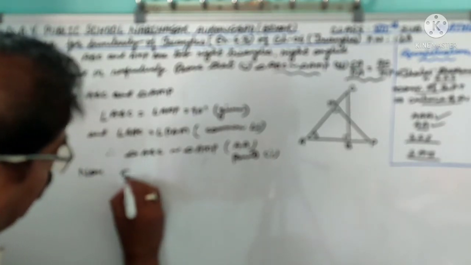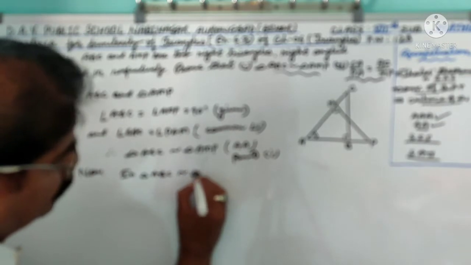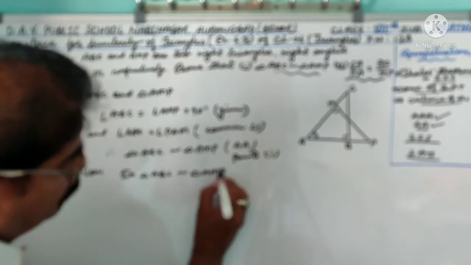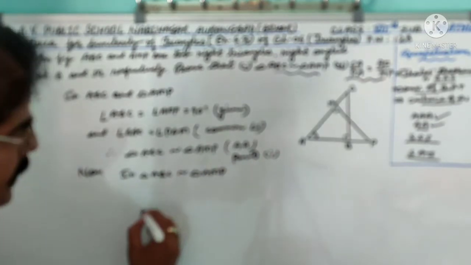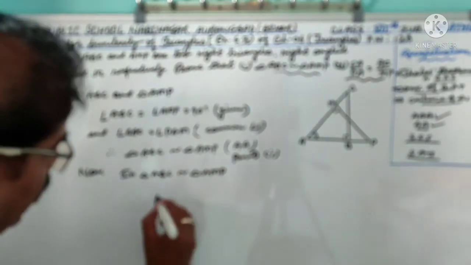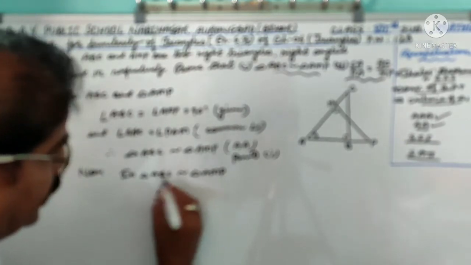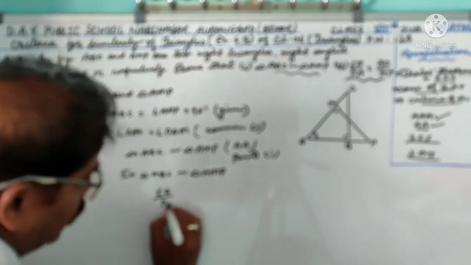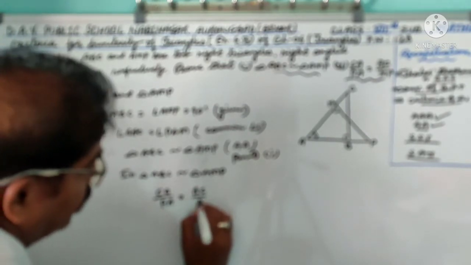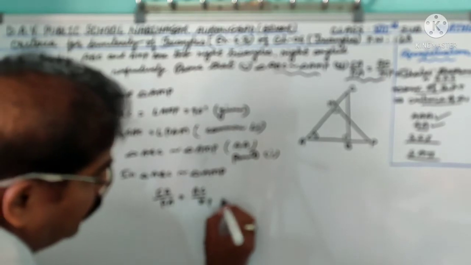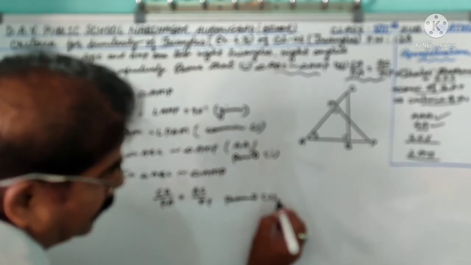Now triangle ABC is similar to triangle AMP, proved in the first part. So by the criteria of similarity of triangles, CA by PA equals BC by MP, proved in the second part.